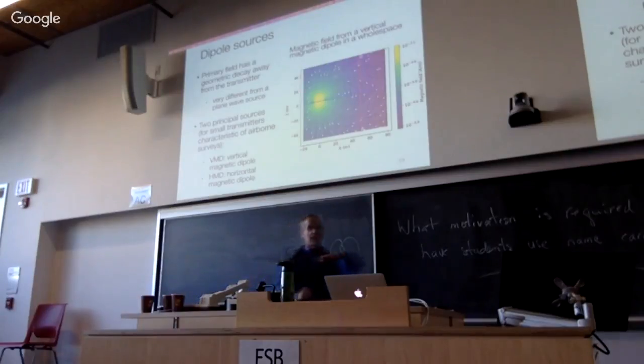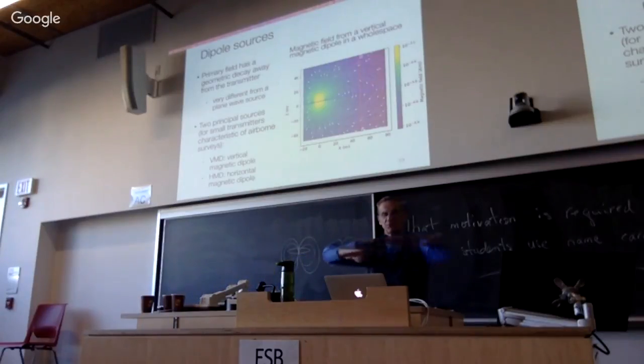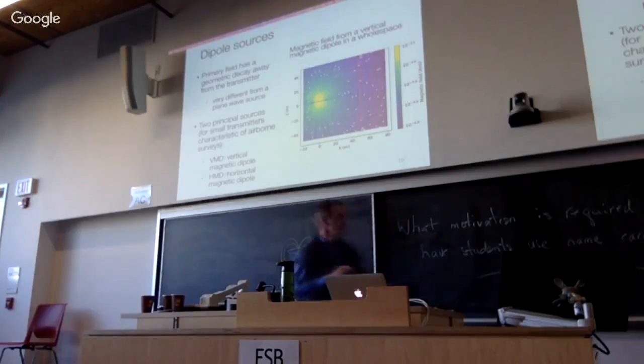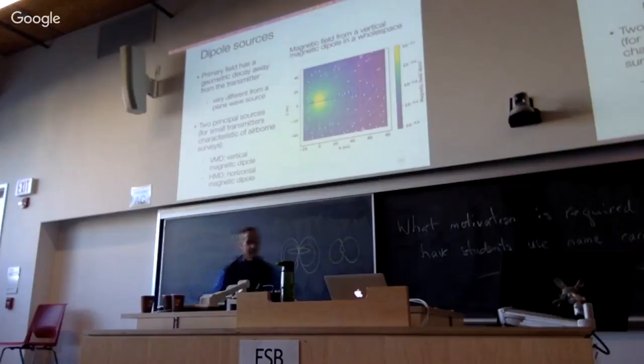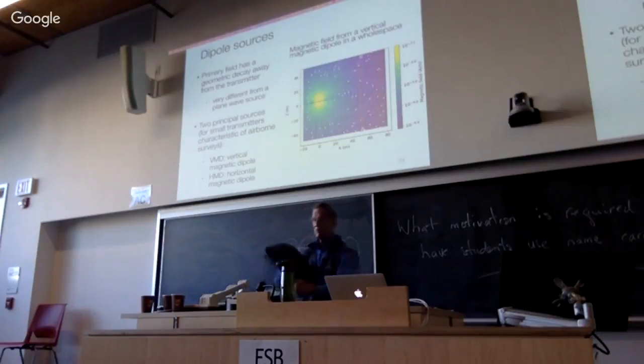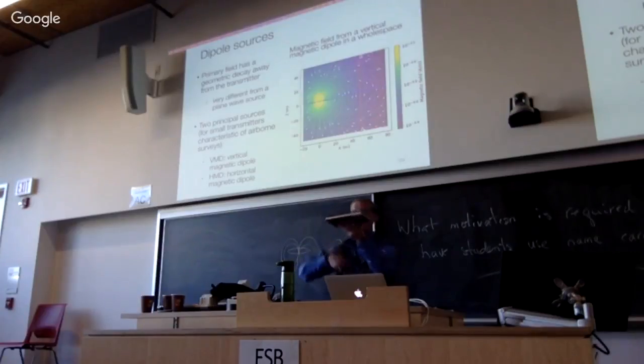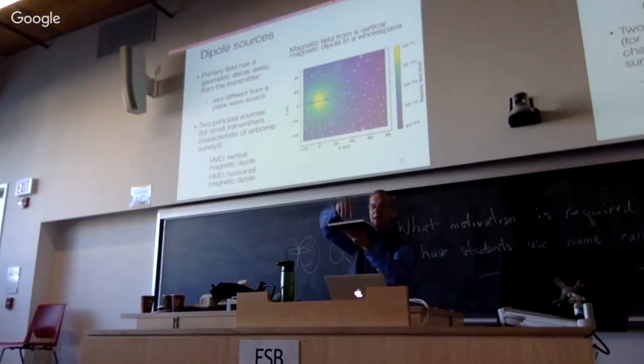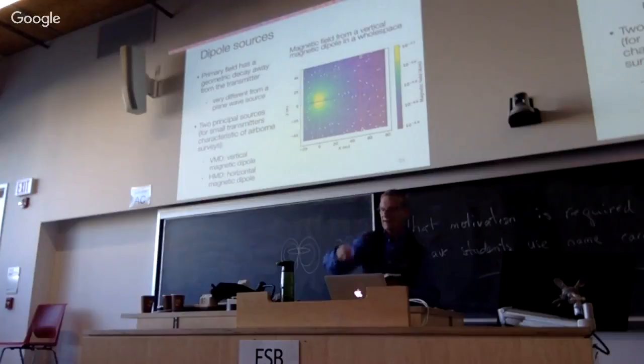We're going to be concerned about the orientation of this with respect to the Earth's surface. If this loop is parallel to the Earth's surface, so it's like this, then the magnetic field is like a vertical magnetic dipole, right? So I've got a loop current, it gets replaced by a magnet, looks like that, so the magnetic fields go up.